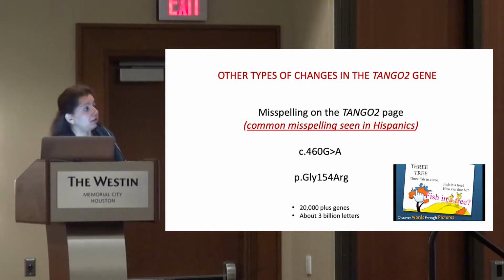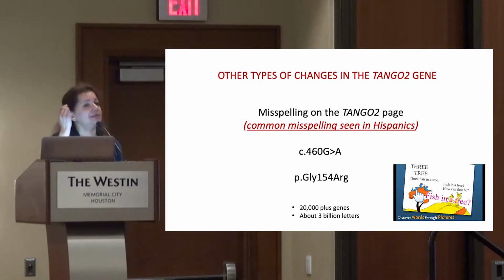What about our other families? You must have seen on our Facebook group that we have a lot of families from Texas, a lot of Hispanic families. Do they have the same problem in the TANGO2 gene as our European families? Actually, they have a different kind of change. Let's see what kind of change they have. If you look at the page, their page is completely fine. There is no paragraph missing.